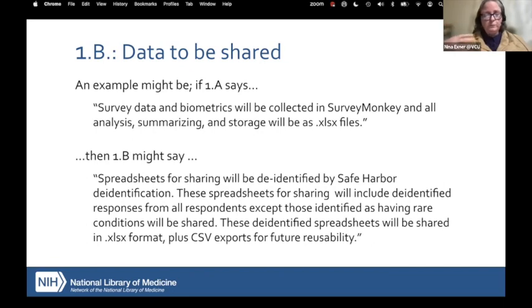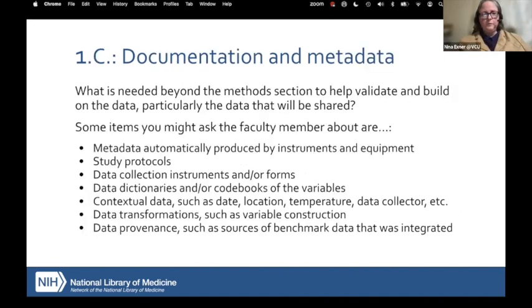Those de-identified spreadsheets will be shared in Excel format plus CSV exports for future reusability. So there's a little bit more specificity, because in this imaginary scenario, I'm assuming that there's some sensitive human data that I need to specify how I'm splitting those out.